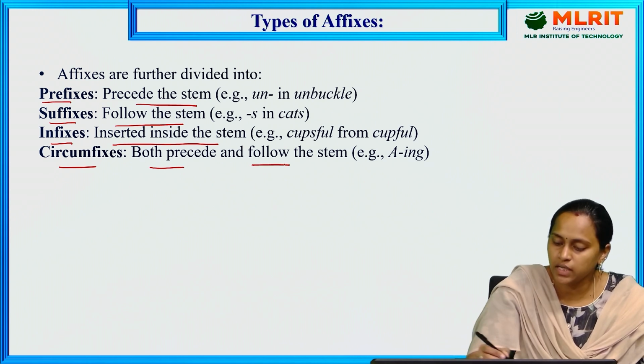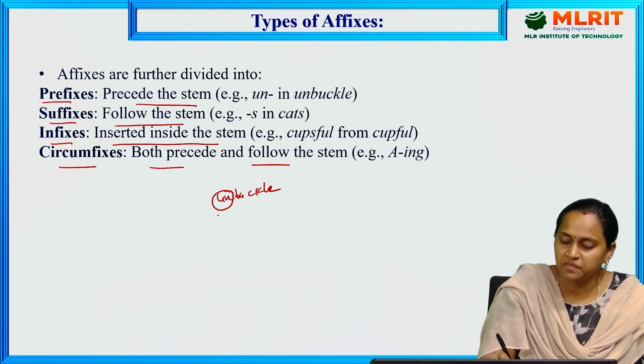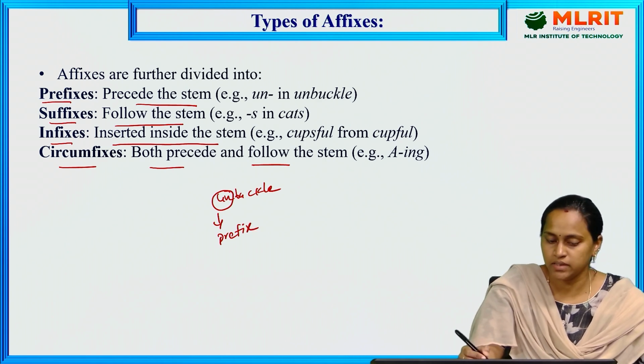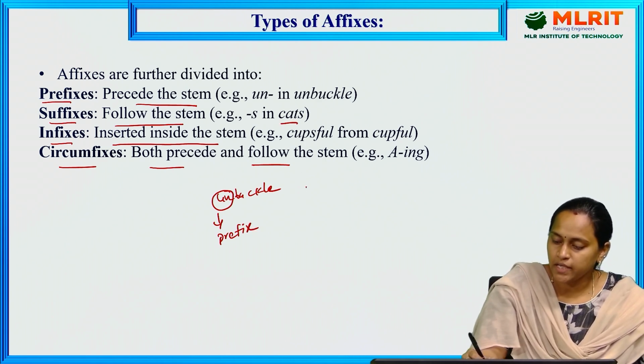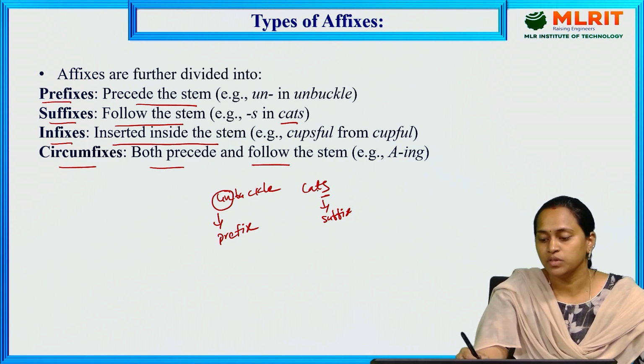Example of prefix: here we are taking unbuckle, where un is the prefix. Next, suffix: here we are taking cats, where s is the suffix, adding the plural to the stem.